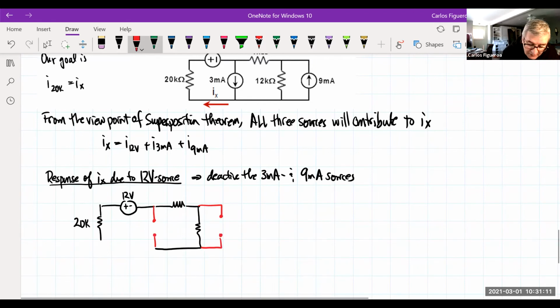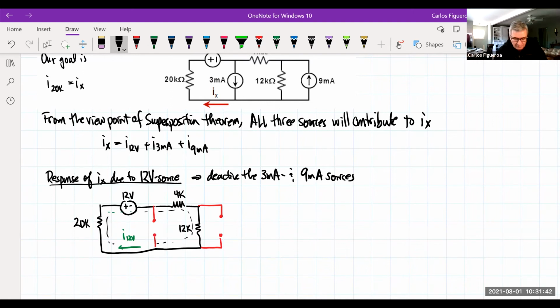So when you're looking at the circuit here, you can see that this is my 12K, this is my 4K, and then this is going to be the current of what? Of the current produced by the 12-volt source. So right away, you could see that I only have one loop in this circuit.